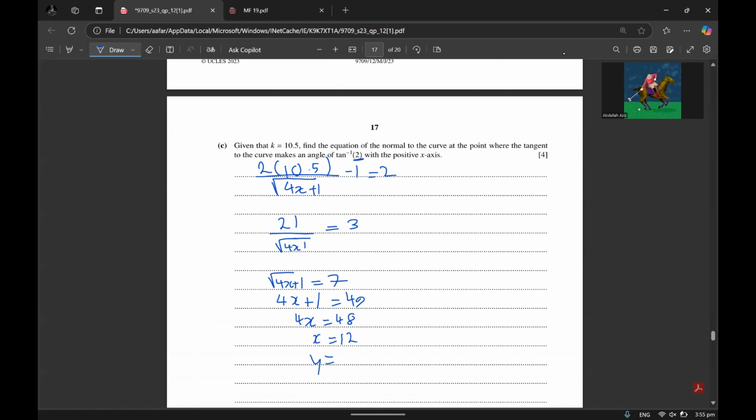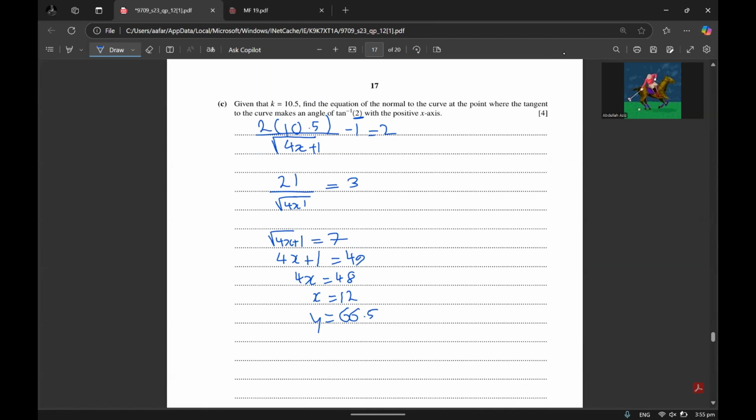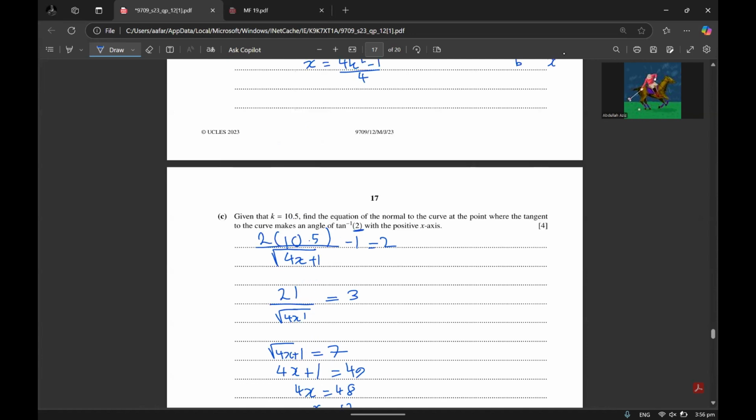And for x is equal to 12, we have y is equal to 66.5. And we know that since it has a gradient of 2 over there, then it will have a gradient of negative 1 over 2 at the normal. So the equation we get is negative 6.5 is equal to minus 1 over 2 times x minus 12. Okay, that's the equation.